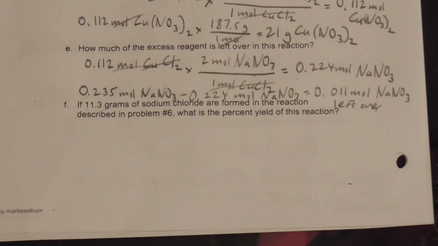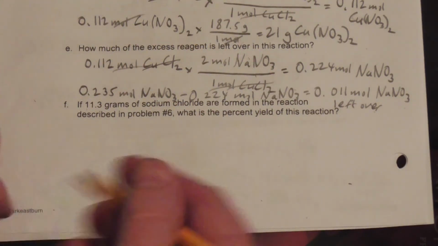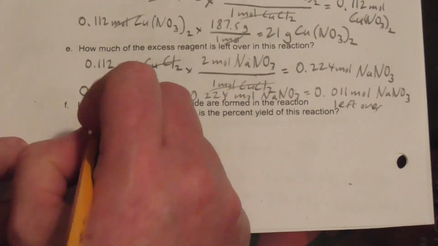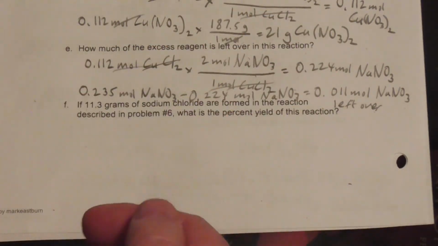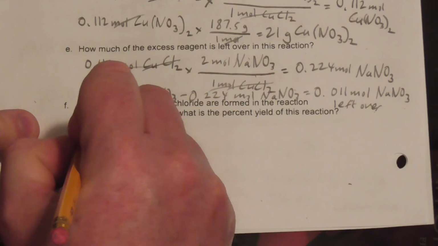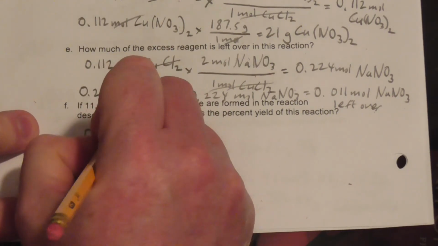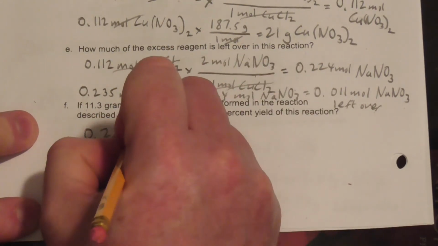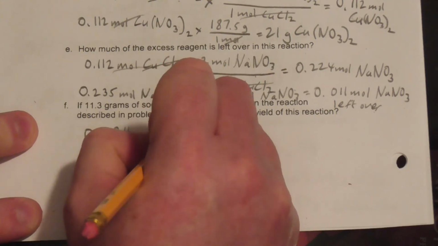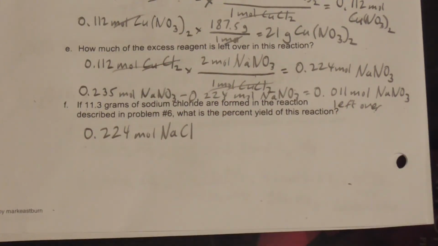In any of our calculations so far, did we calculate how much sodium chloride was made? If you look at B, as a consequence of these calculations, we made 0.224 moles of sodium chloride.